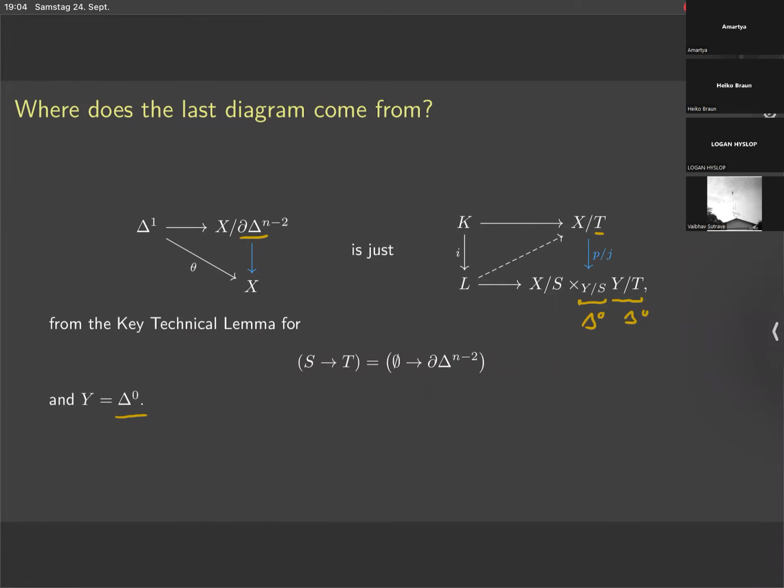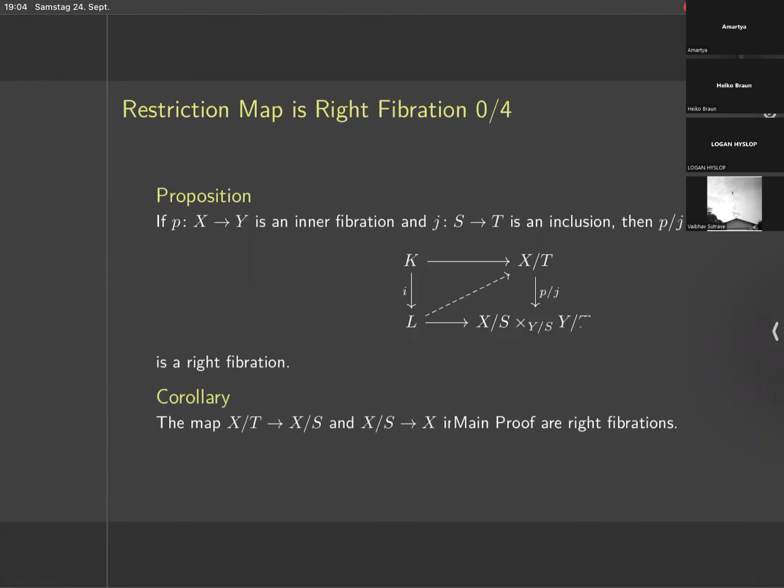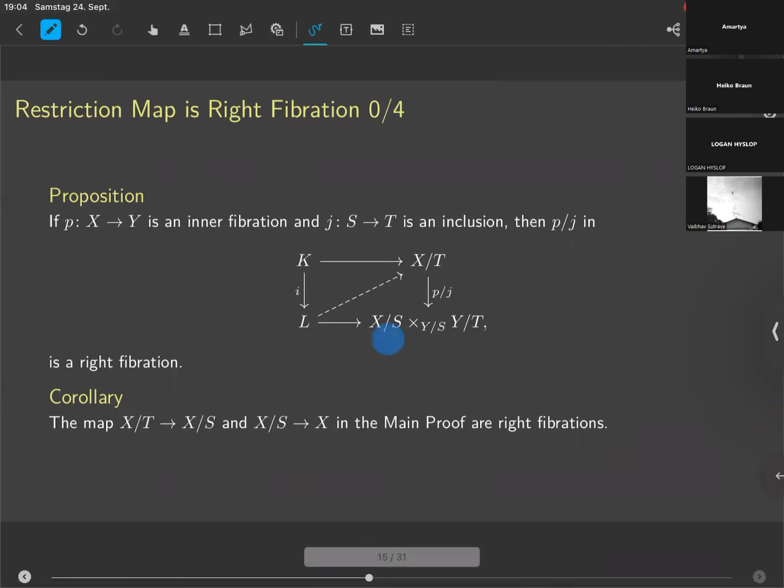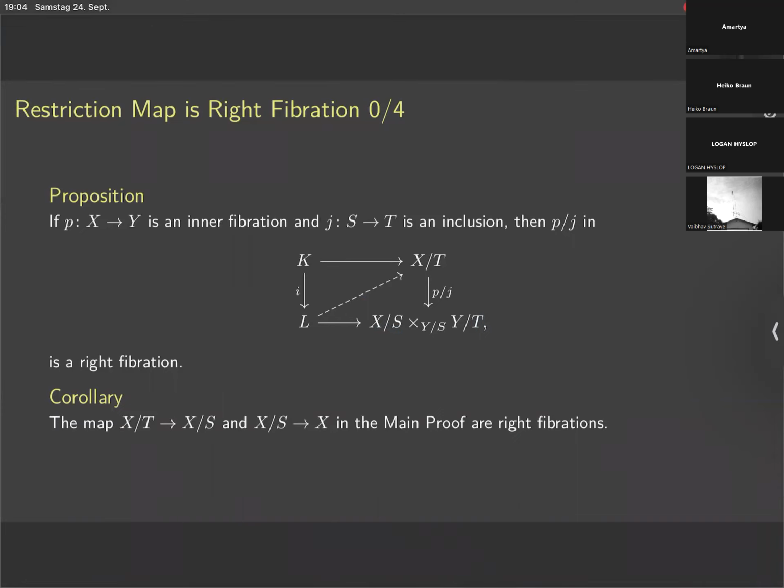Okay. Now to see that this works out, this is again the situation: we have an inner fibration P, and J: S to T is some inclusion. Then P slice J here in this diagram is a right fibration.